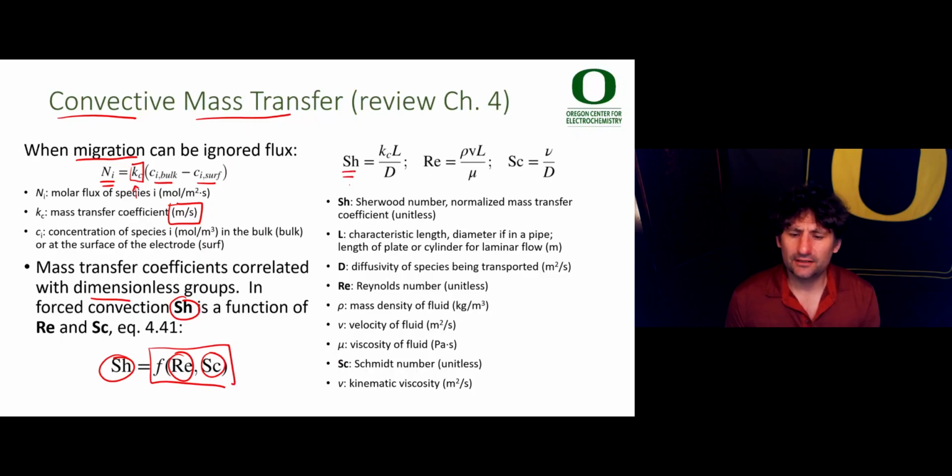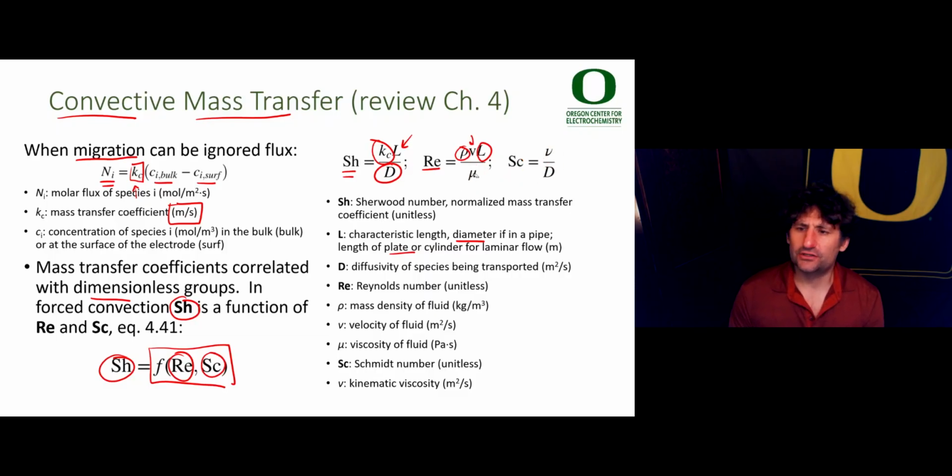It's related to the mass transfer coefficient by a characteristic length, for example, diameter if it's a pipe, or a length of a plate or a cylinder for laminar flow, and the diffusivity of the species. The Reynolds number, which we introduced earlier, is related to the mass density of the fluid, the velocity of the fluid, again, the characteristic length, and the viscosity of the fluid. The Schmidt number is a ratio of the so-called kinematic viscosity to the diffusion coefficient.